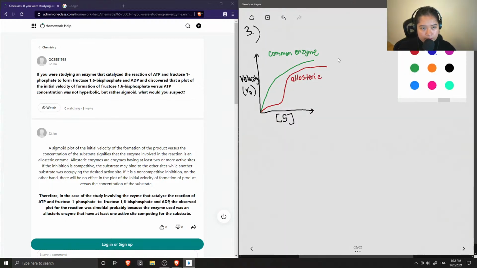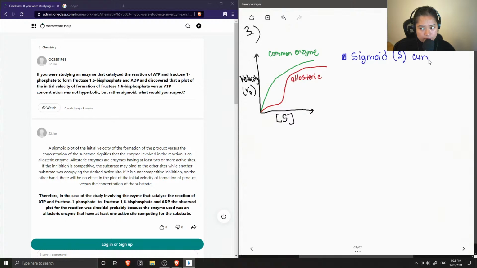Let me write that down over here. When we have a sigmoid curve, also known as an S curve, this tells us that our enzyme is allosteric.